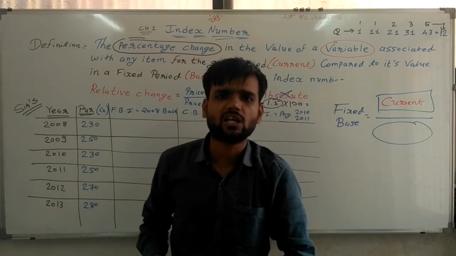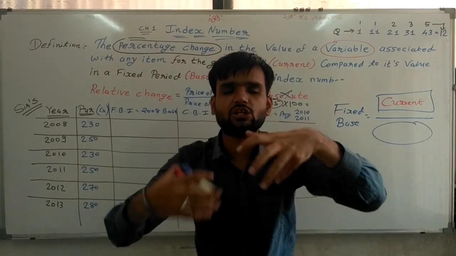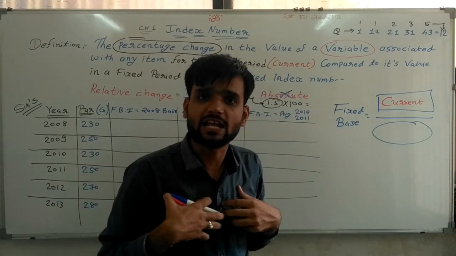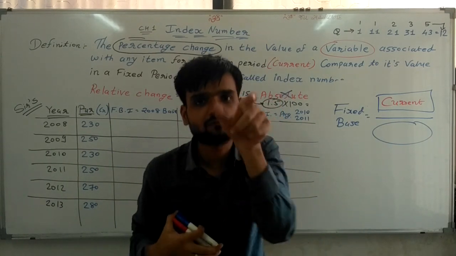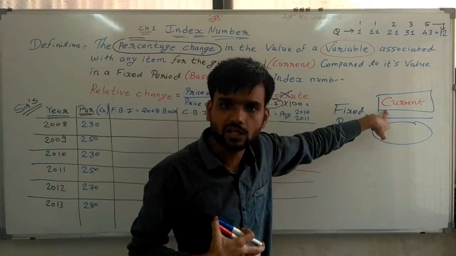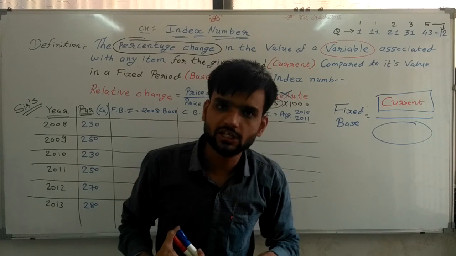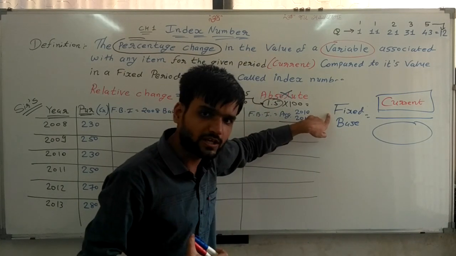For which year we need to find the index number, that year's variable value is written in numerator. But in denominator, the name is what? Fixed base.